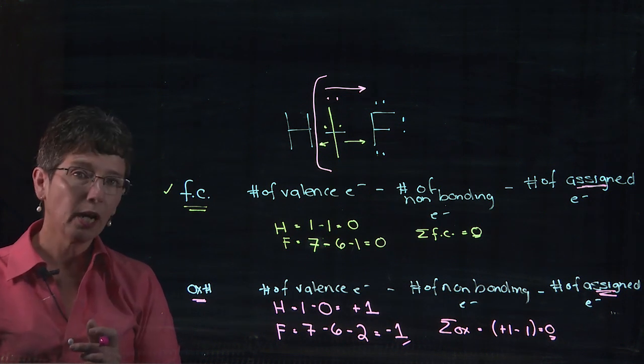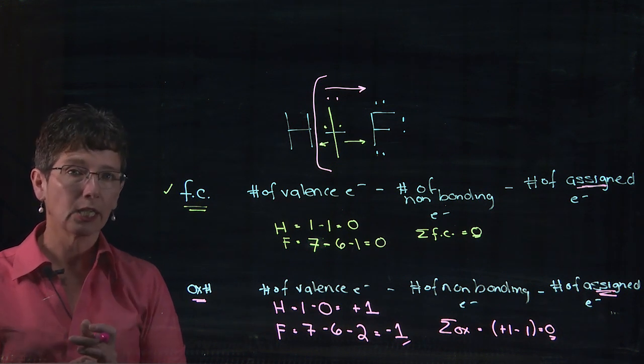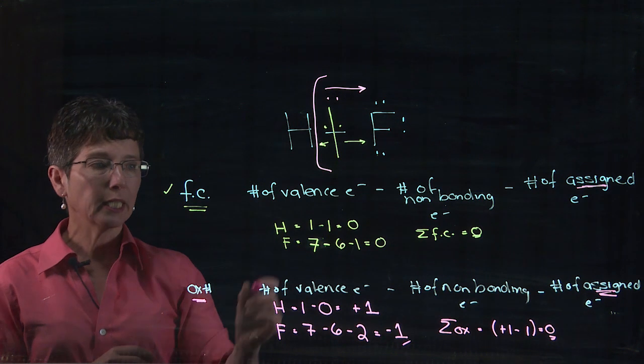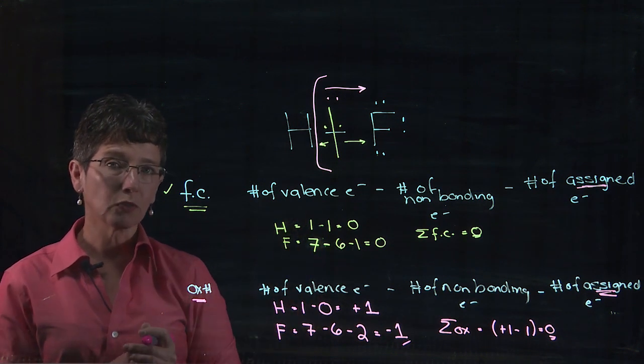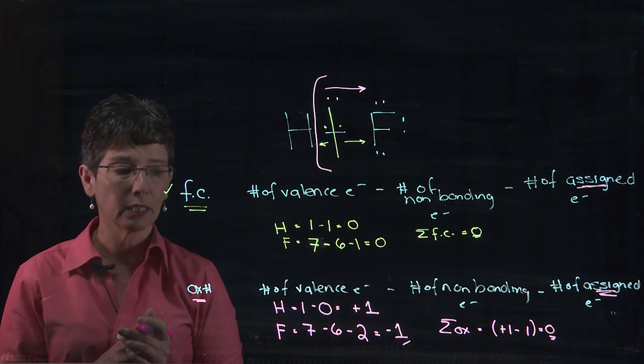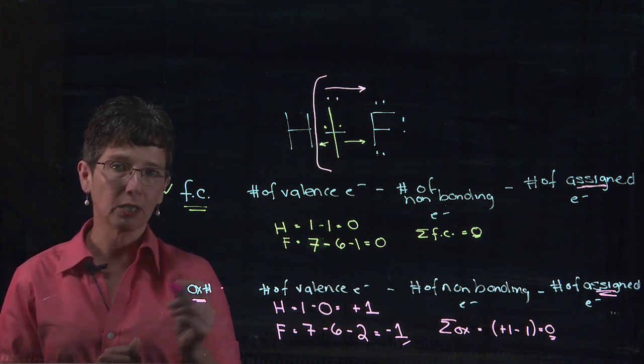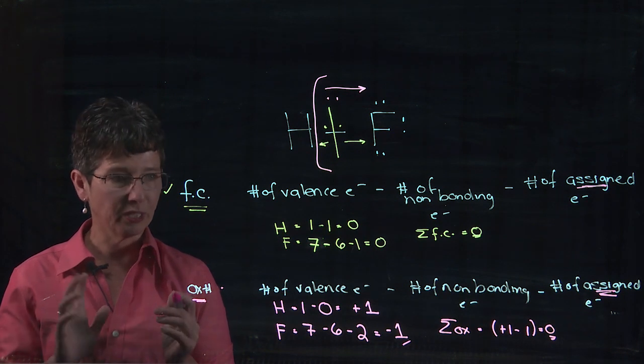So we'll spend more time thinking about the significance of oxidation numbers when we get to this section later in the semester. But since the basic rules for assigning formal charge and oxidation numbers are so similar, just thought it'd be good that we go ahead and learn the oxidation numbers while we're on the subject.